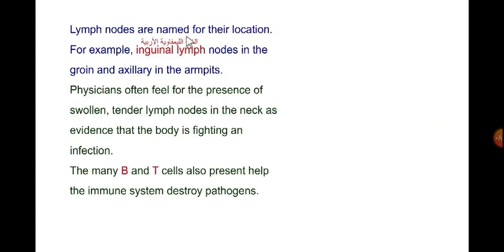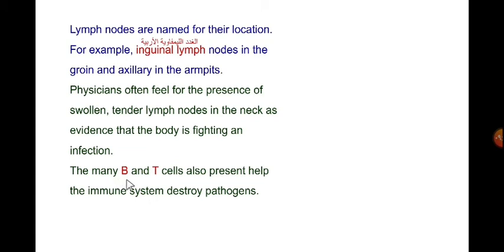Lymph nodes are named for their location. تسمى العقد الليمفاوية حسب مكان وجودها في الجسم. For example, inguinal lymph nodes in the groin and axillary in the armpits موجودة في الفخذ وتحت الأباط. Physicians often feel the presence of swollen tender lymph nodes in the neck as evidence that the body is fighting an infection. حينما يلاحظ الطبيب انتفاخ في العقد الليمفاوية في منطقة الرقبة معناه انه في دليل على انه في اصابة الجسم بحاول يكافحها.